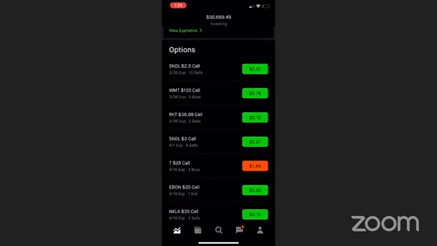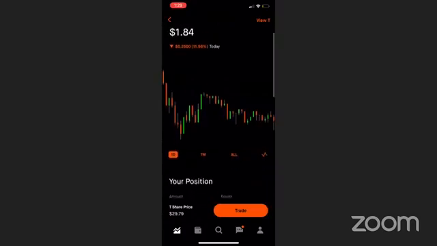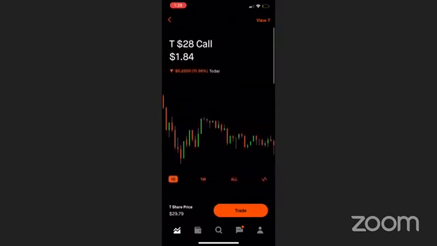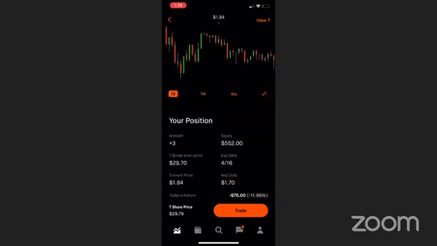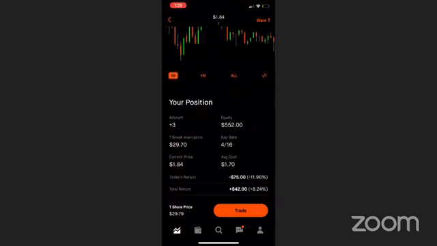I'm trying to see if I bought anything. So here's a buy. I don't know where I bought AT&T calls, a $28 call. I got 3 contracts on that. I paid $170 for them a long time ago. It's worth $184 now. My break-even price is $29.70.